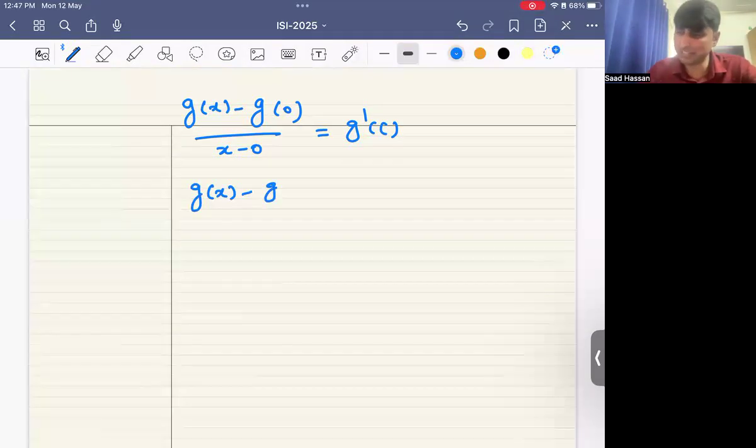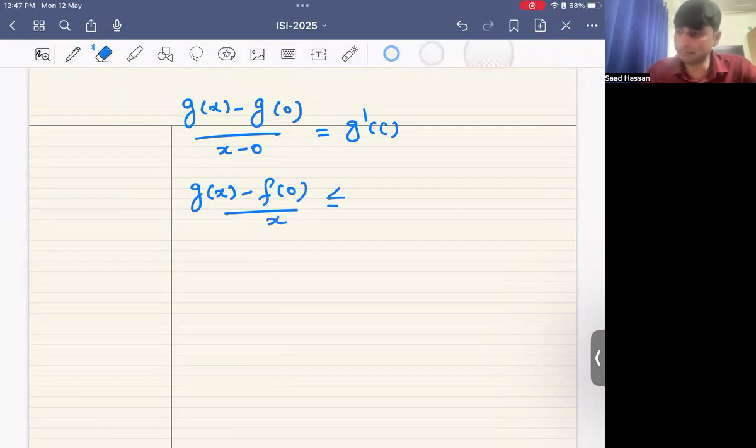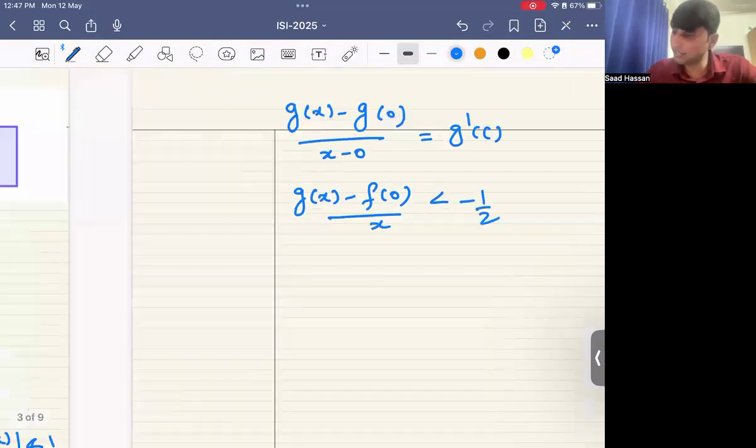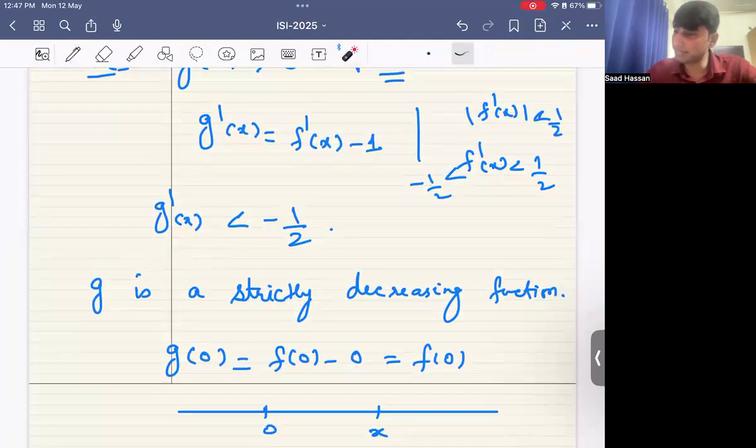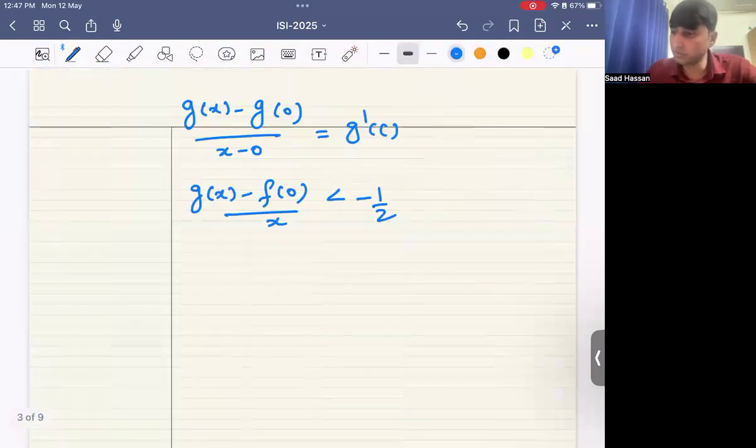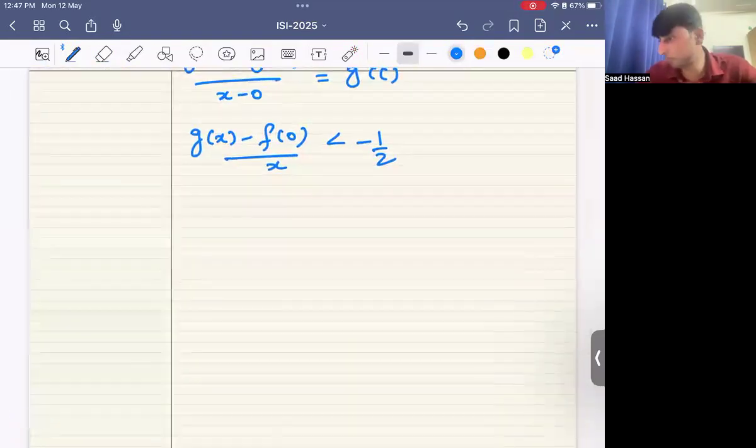Now we know g of x minus g of 0, and in fact g of 0 is f of 0, upon x, and we know that this is less than -1/2 for obvious reasons, because g dash x is f dash x minus 1, which is less than -1/2. Right. So since x is positive, you can multiply by x.